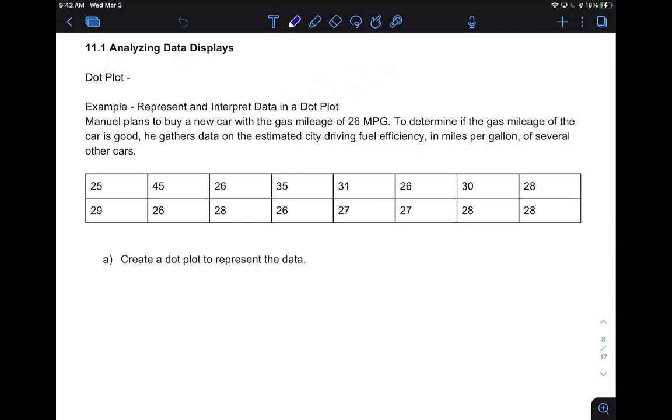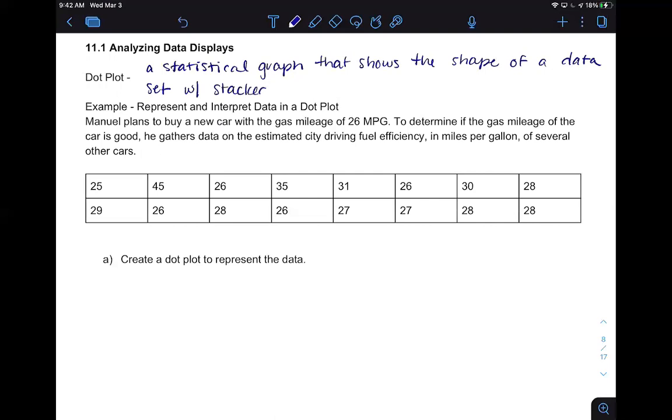This is a statistical graph that shows the shape of a data set with stacked dots above a number line.